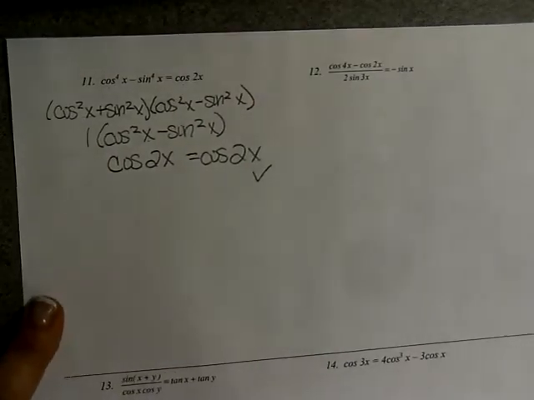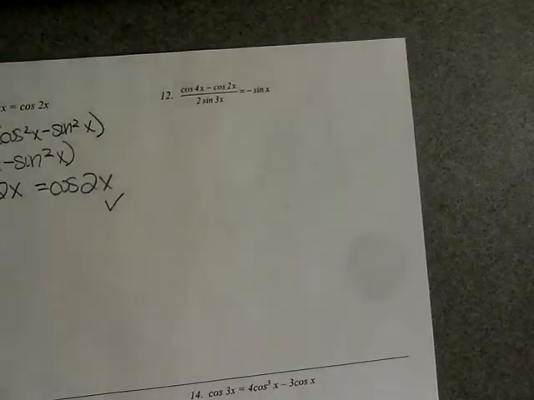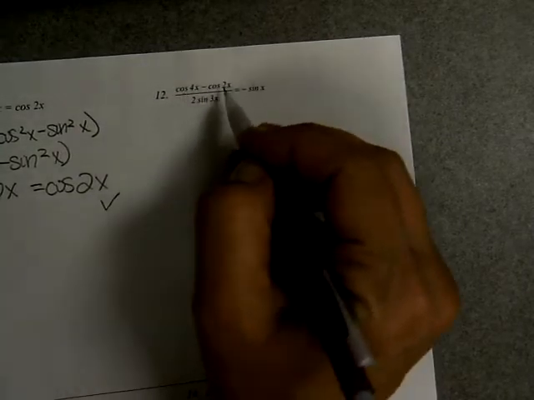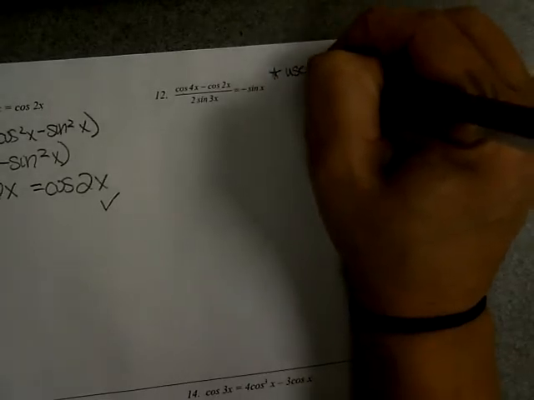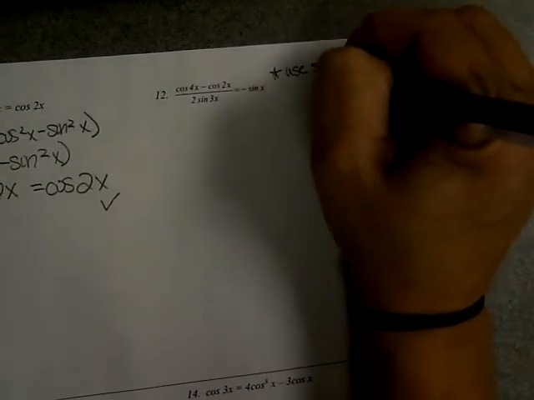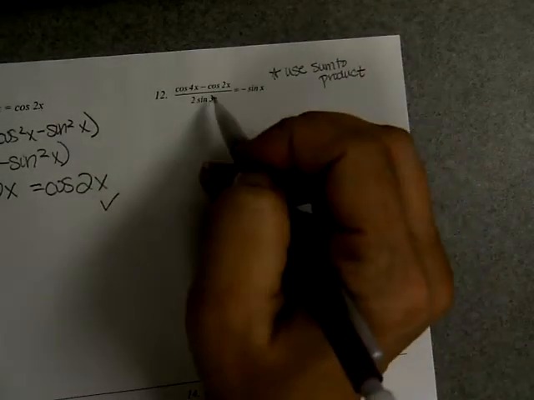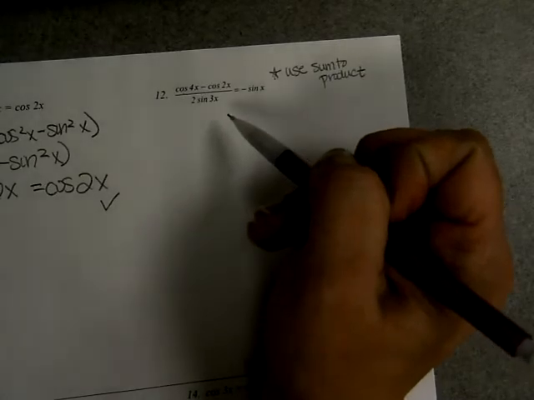Alrighty. Number 12. When we see something like this, again, notice that I have this difference. And so here what I can do is use the sum to product rules to maybe help us get factors so that we can cancel things out.